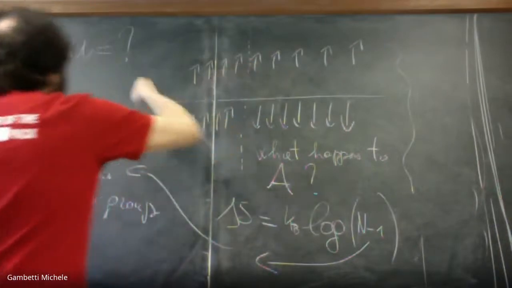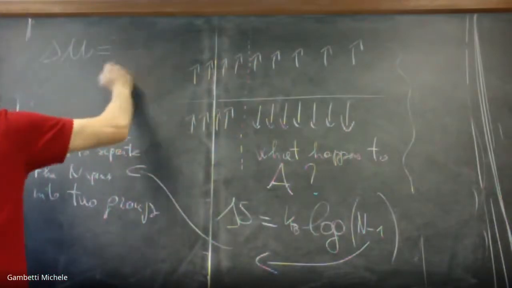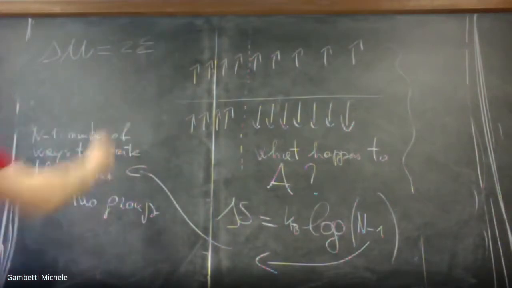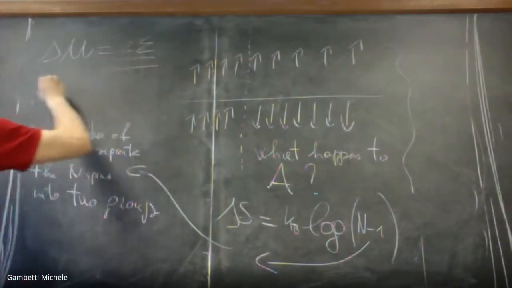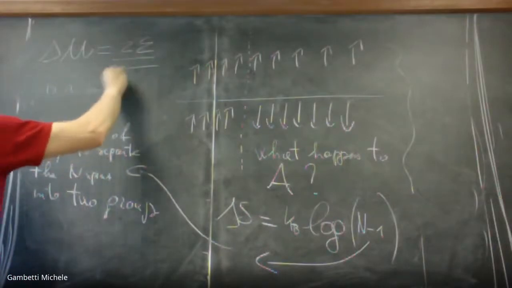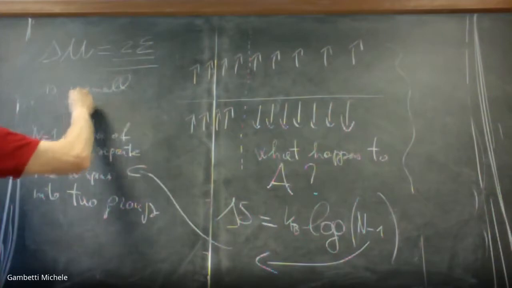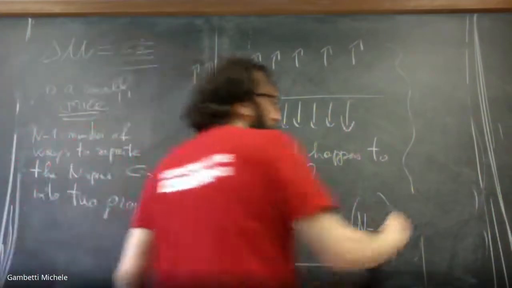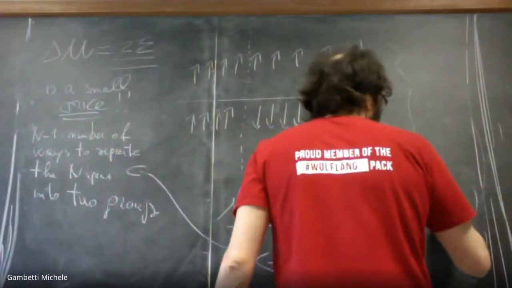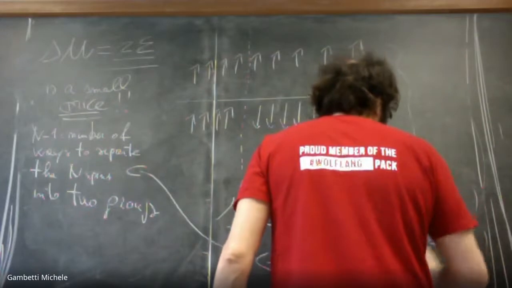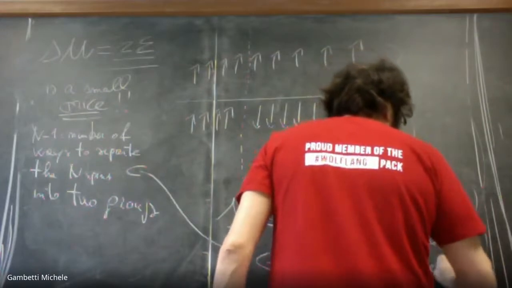Therefore, delta U is 2 epsilon. So you see that delta U is a small price, whereas delta S is a large gain because it depends on n.